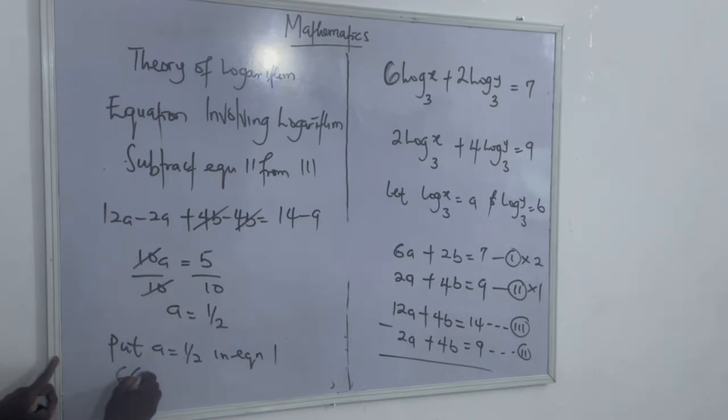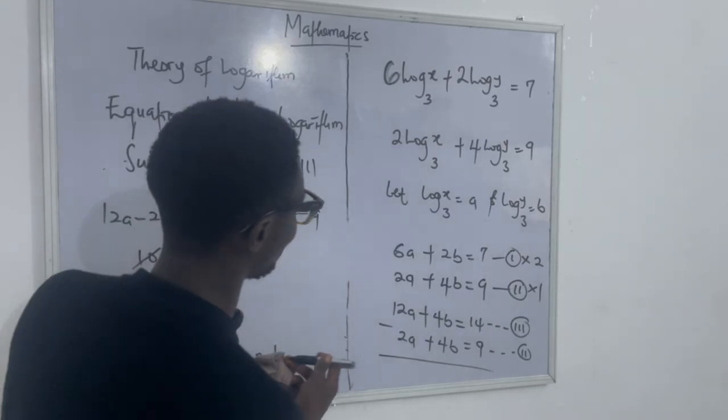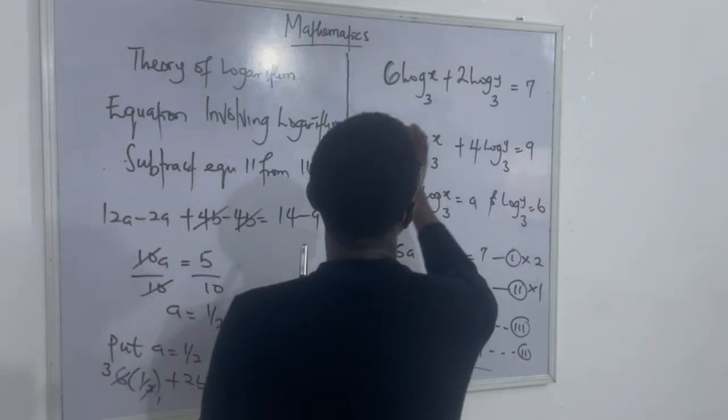So, 6 times 1 over 2 plus 2b equals 7. 2 here 1, 2 here 3.